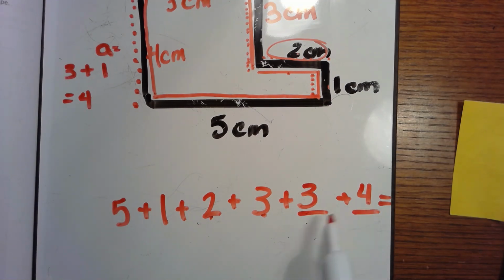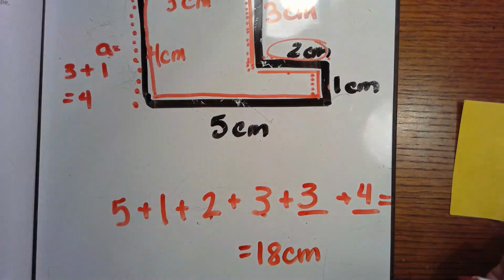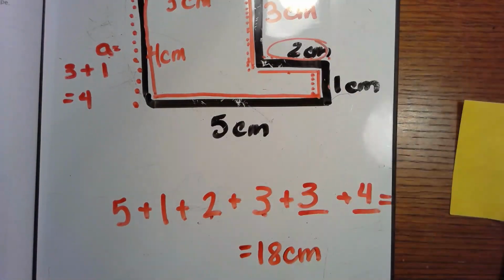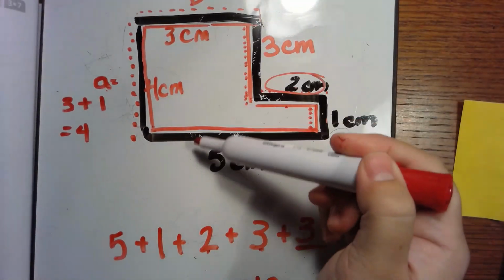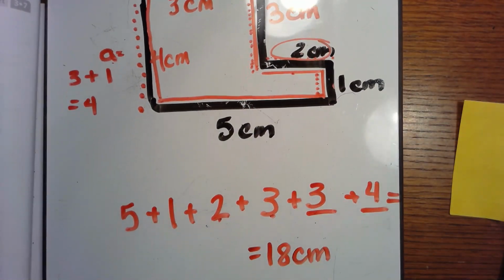And 14 plus 4 equals 18. So how do you find the perimeter when there are unknown side lengths? You need to reason and think through to find the side lengths, and then you can add up to find the perimeter.